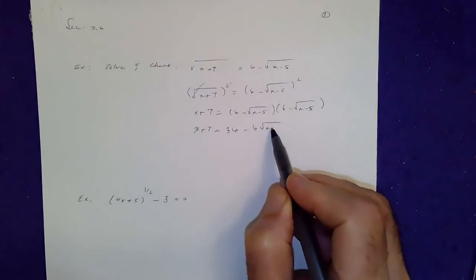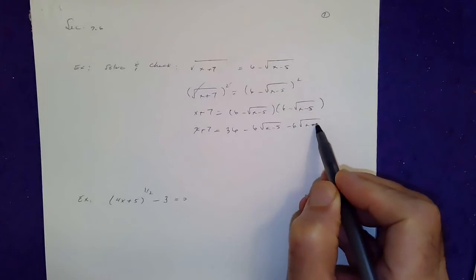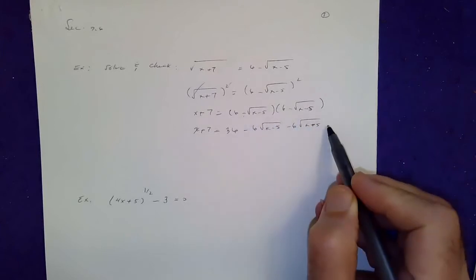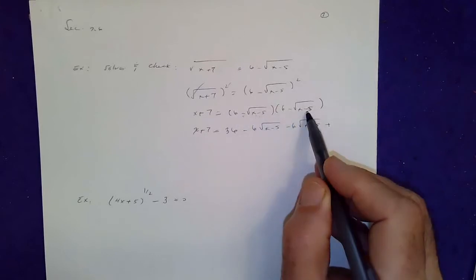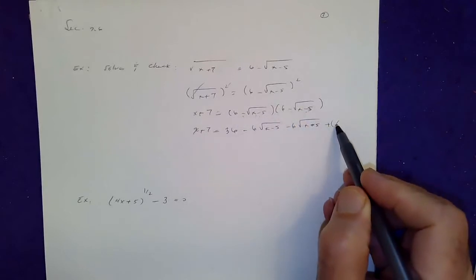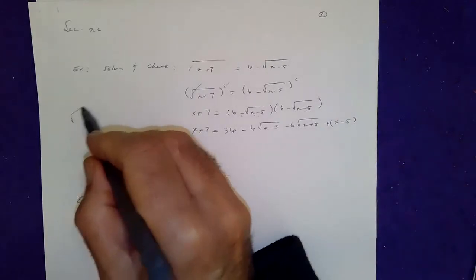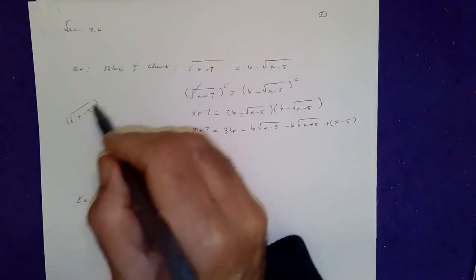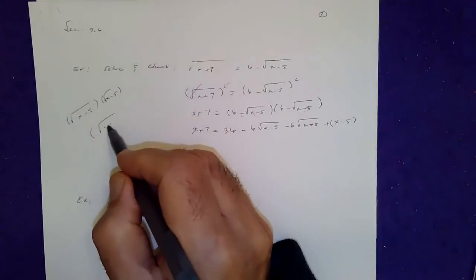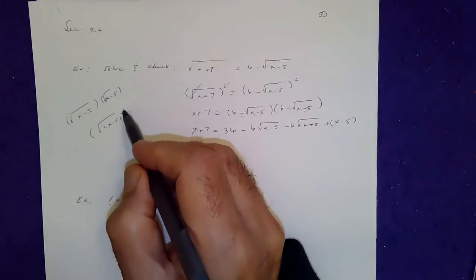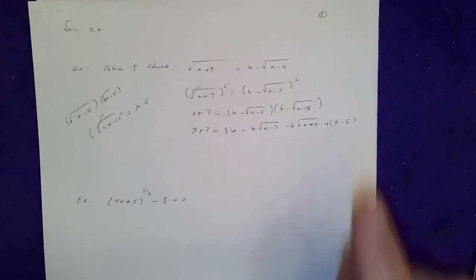Minus 6 square root of x minus 5 minus 6 square root of x minus 5. And then negative times negative is positive. Then you get the square root of x plus 5 times the square root of x minus 5. You get the x minus 5. Keep in mind, when you multiply the square root of x minus 5 by the square root of x minus 5, you get a square root of x minus 5 squared, but the 2 wipes out the radical, so you get x minus 5.